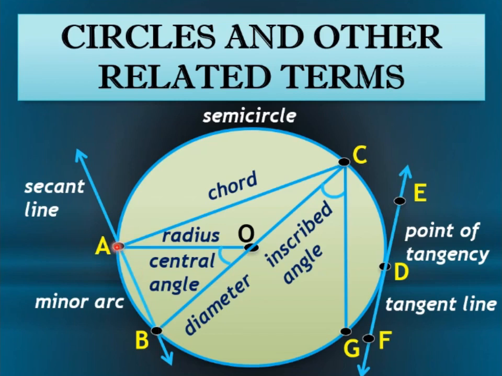We have the arc AB. And a major arc is an arc which is more than a semicircle. We have arc CAG, or CBG.